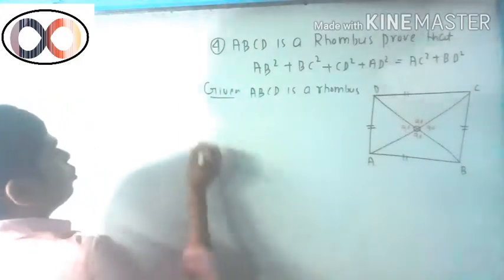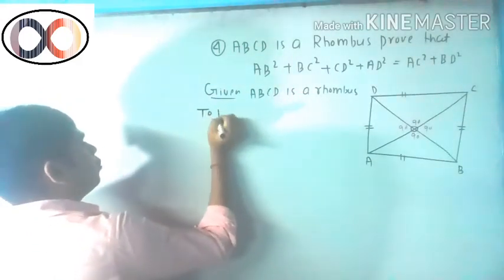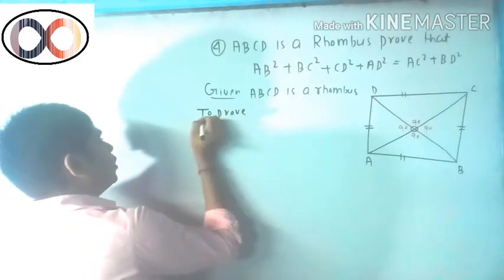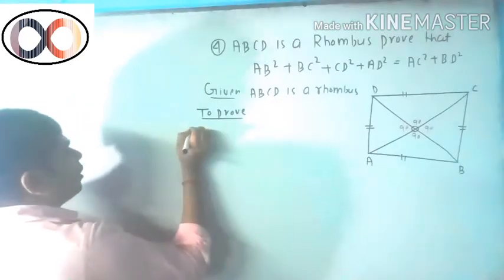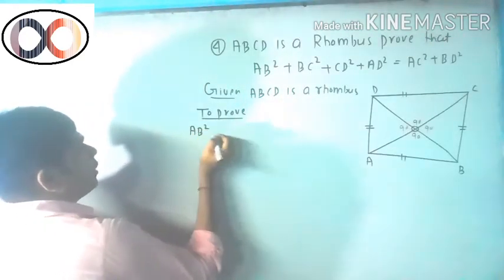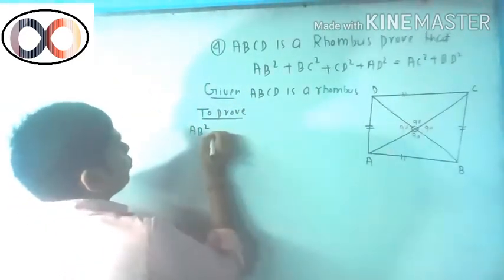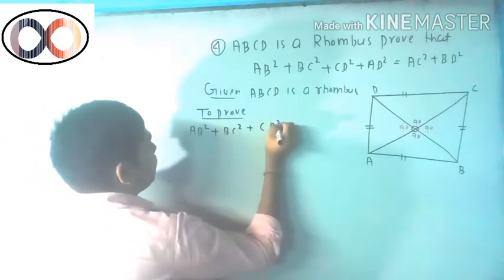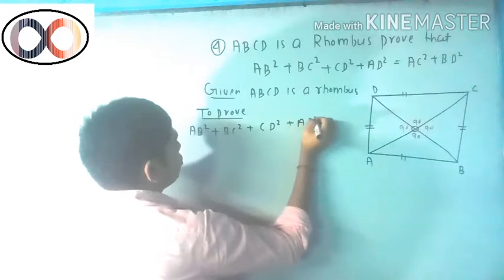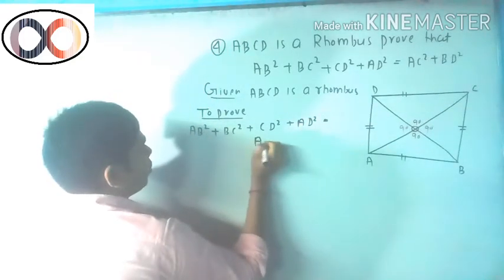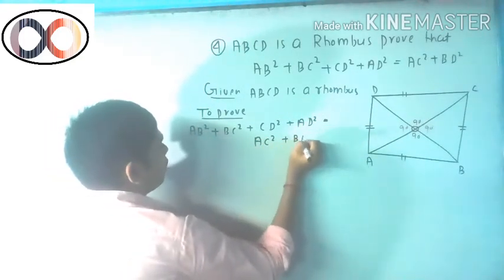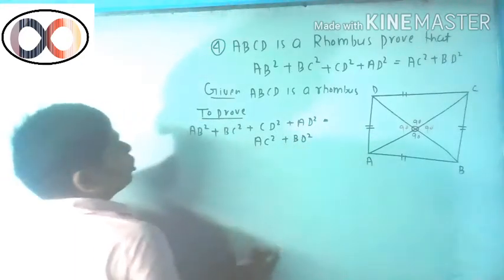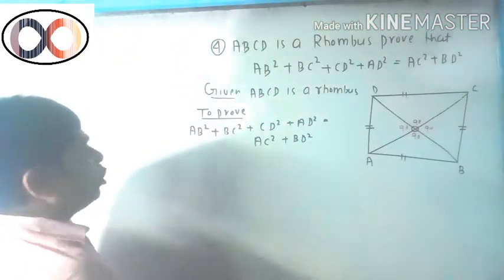Next, we need to prove AB square plus BC square plus CD square plus AD square equals AC square plus BD square. So this is the proof part.